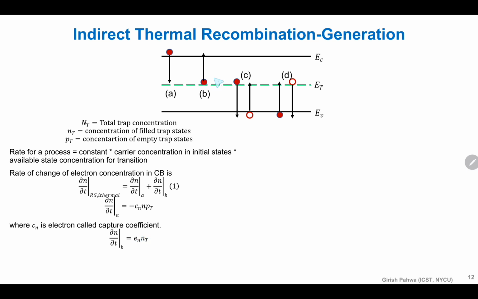Why the term E? Because this is emission of an electron in the trap state into the conduction band. So that's why this is E, and N stands for electron emission. This is called the emission coefficient. And I have a positive sign here because this process is going to increase the concentration of electrons in the conduction band. That's why positive.